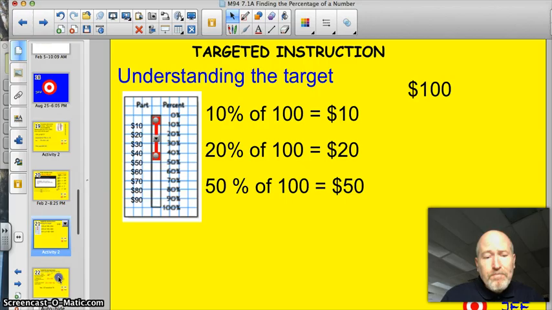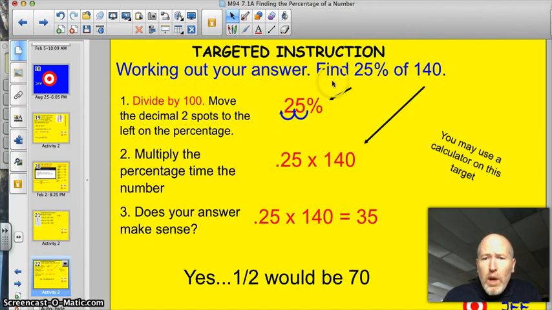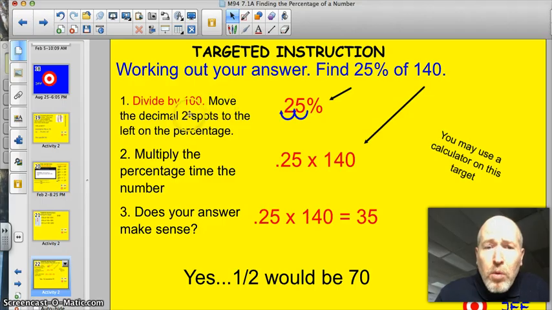Take a look at this. Here's our first problem of the night. We want to find out what 25% of 140 is. So step-by-step instructions are, number 1, divide by 100. That simply means move the decimal 2 spots to the left. Now multiply that percentage times the number. My percentage has become a decimal.